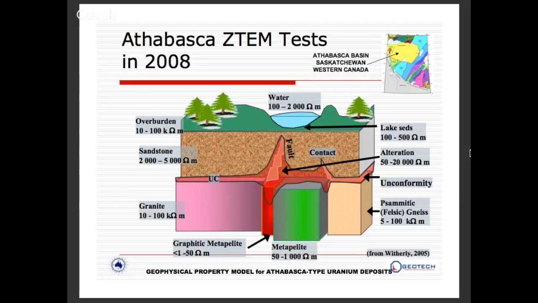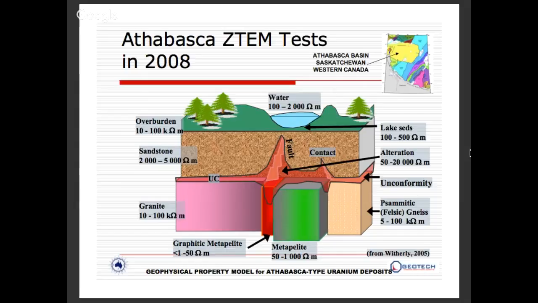So for the Alaskan, it's interesting there because we have a very thick layer of sandstone. At the top, there is the alteration zone, that is over some granite, and in here we have the uranium.